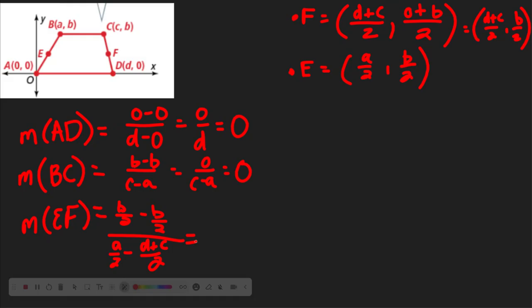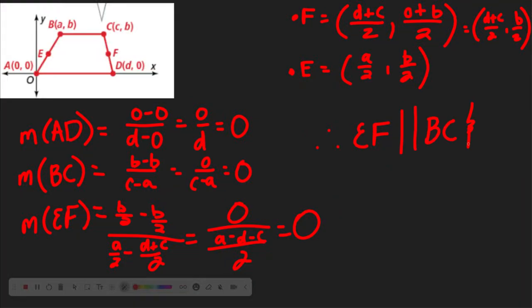All that matters is the top. What's B over 2 minus B over 2? The top is 0. So we have just shown that EF is parallel to BC and AD. And you see how we proved that without any numbers? That means that's true for every trapezoid.